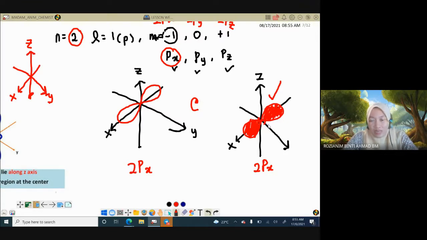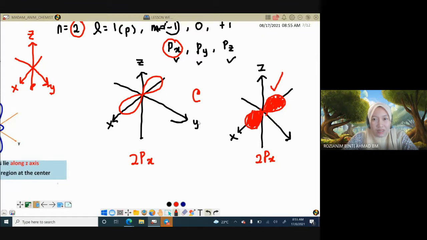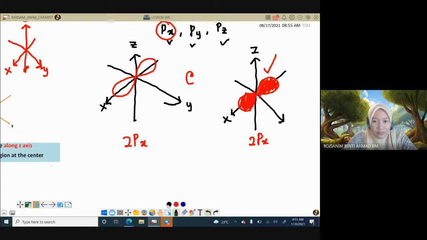Kalaulah you tak nak buat shaded, satu lagi cara macam Daniel cakap tadi. Dia ada 3 cara nak lukis. Tiga-tiga sebenarnya kita terima. Z, X, Y. Okay, sama je bentuk dia. Kita nak buat 2PX.